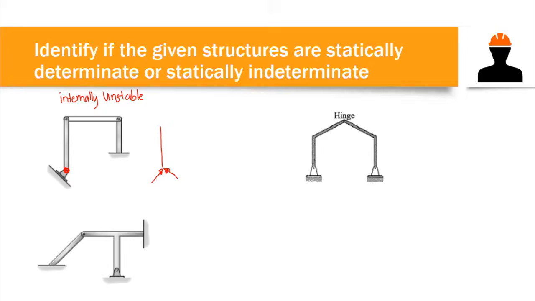That reaction is perpendicular to the surface and parallel to the surface as well. Now at the internal hinge at this point, we have 2 internal forces, the same as with the horizontal member.